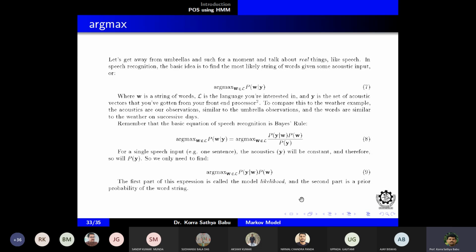That is, compute the probability of two given I, have given I, and take the one with the highest probability. The first part of this expression is called the model likelihood, and the second part is called the prior probability of the word string. Fine, up to here.